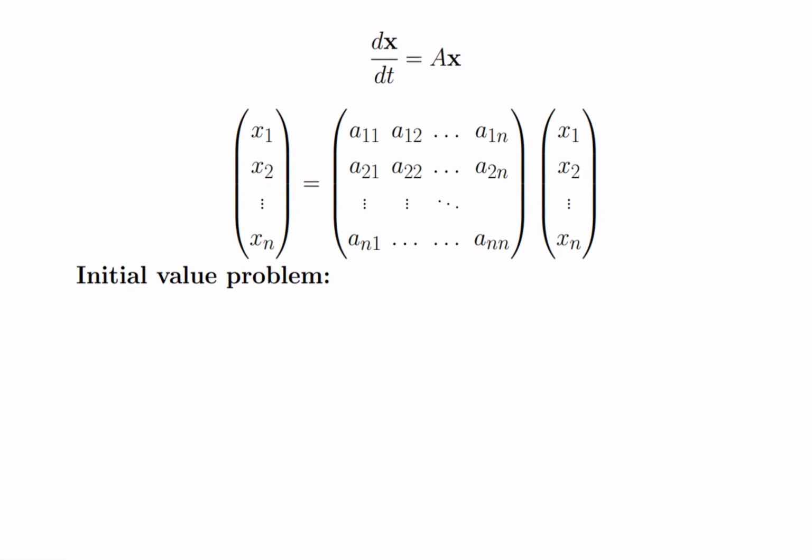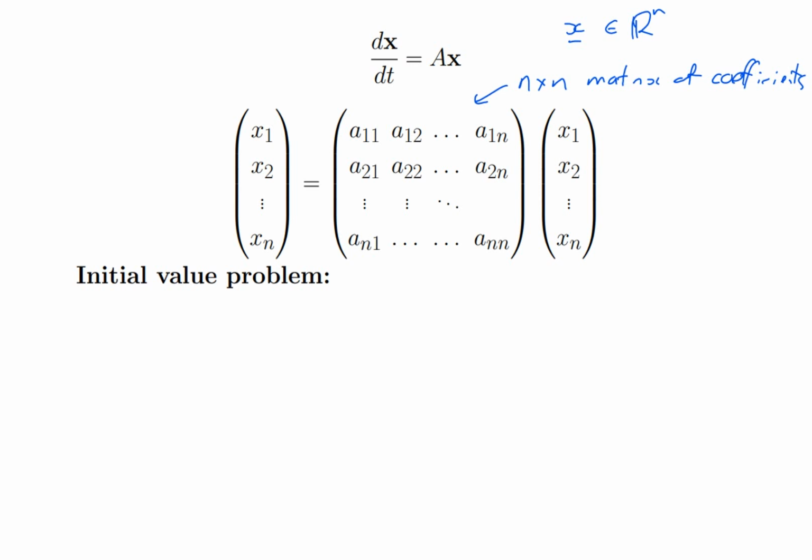So here's what it would look like for a linear system in any dimension. Instead of x1 and x2, I now have a vector x with n components. So I could write vector x as a vector in Rn. And I have an n by n matrix of coefficients. That tells me what my system is.